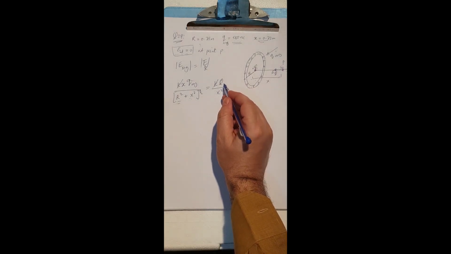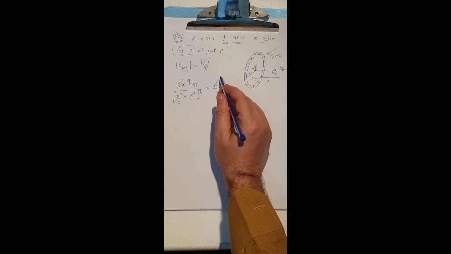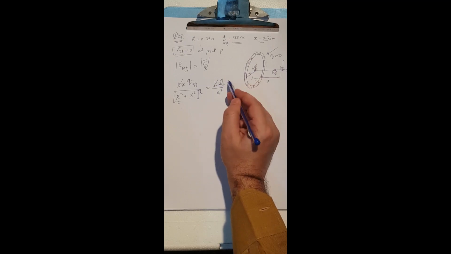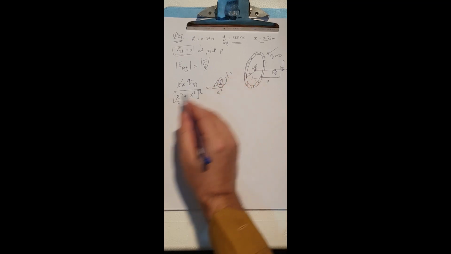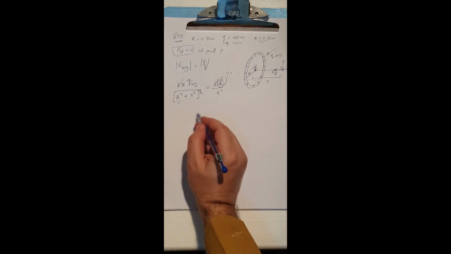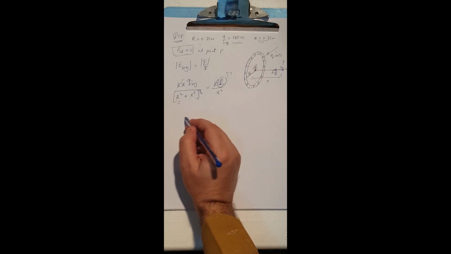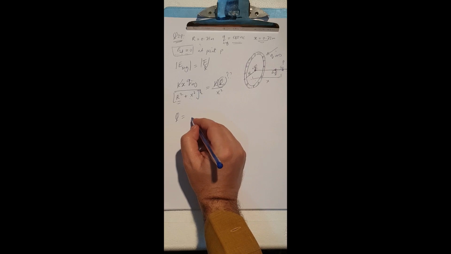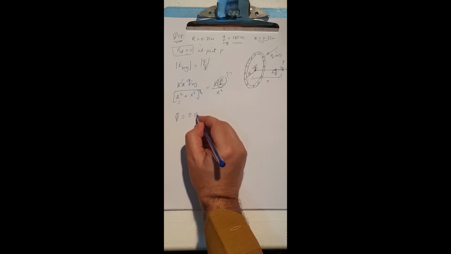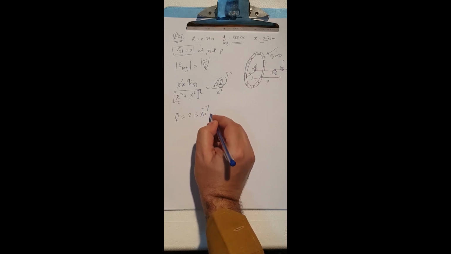And Q is unknown. Remember, you want the charge Q. What's the value of Q you put at the center? So the only unknown is Q. Everything else is known. So when you put the values, you find that Q is 2.113 times 10 to the power minus 7 coulomb.